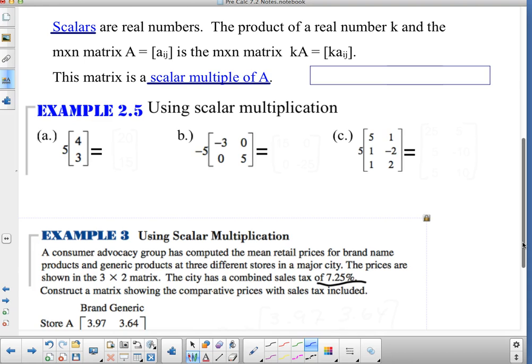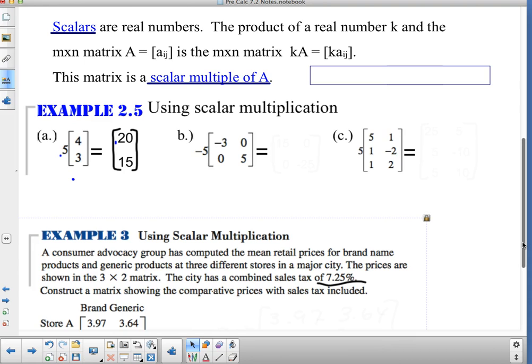In this case, I've got 5 times 4 and 3. Well, that's 20 and 15 when I'm done. I was looking at 4 and 3. Are you all right with that? That's it, but I have to remember I multiply all of them.